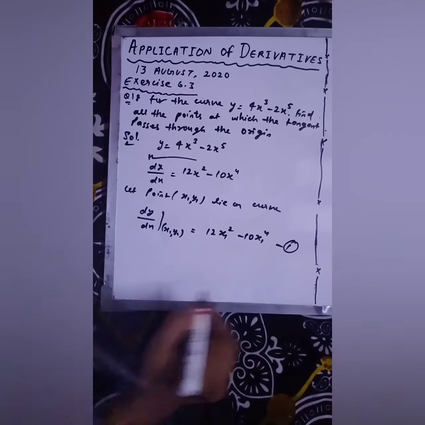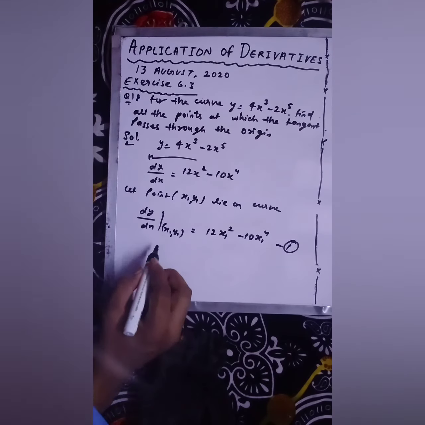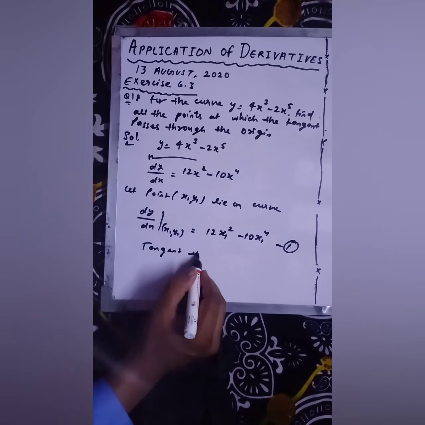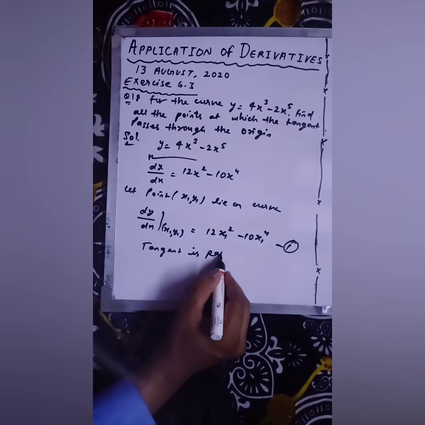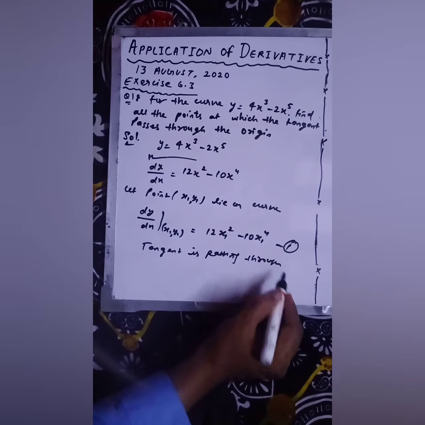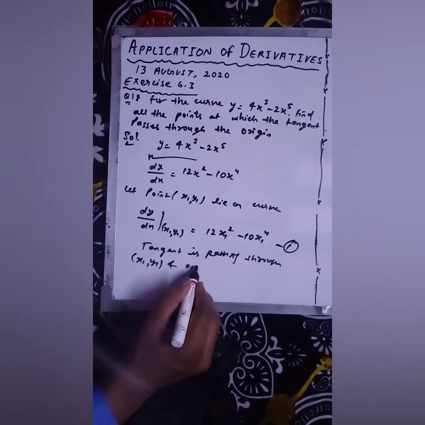This is your equation number 1. Now the tangent is passing through x1, y1 and 0 comma 0, the origin.